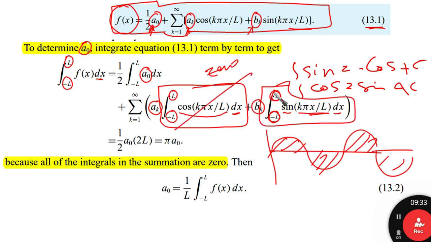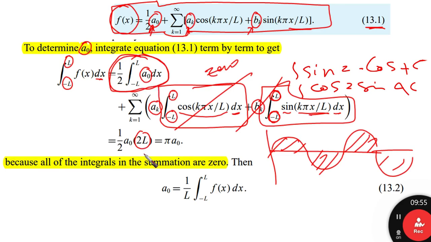This means that these two terms cancel out, and the only term remaining for us is the a0 term. So we have one half a0 times 2L after integrating, since a0 is a constant.